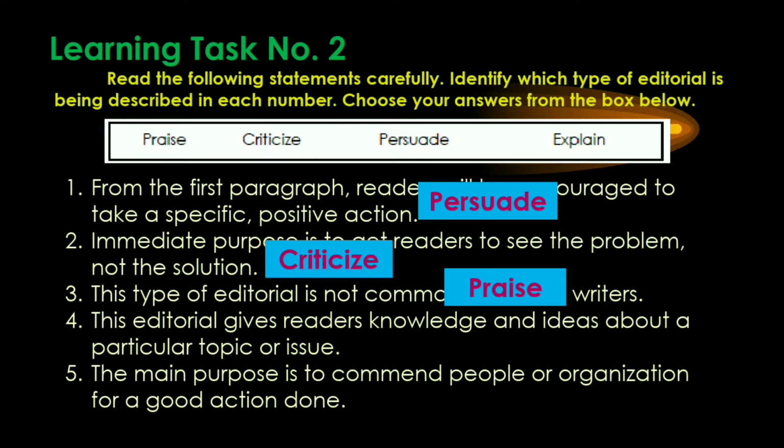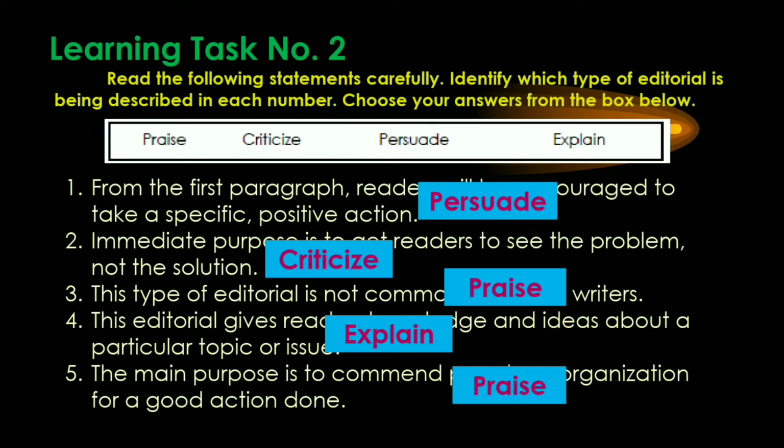This editorial gives readers knowledge and ideas about a particular topic or issue. So the answer is explain. And the last one, the main purpose is to commend people or organization for a good action done. And that is praise. Very good, okay? I hope you got 5 over 5 in this learning task.